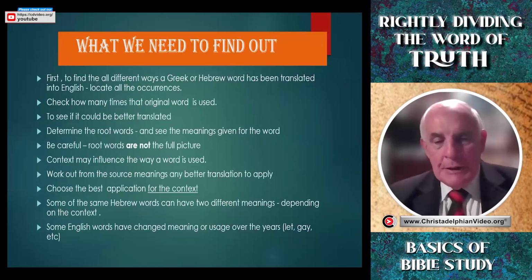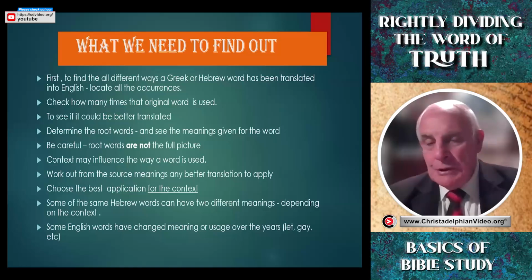Some Hebrew words can have two different meanings, depending on the context. And there are some amazing examples where words that are totally different in meaning in the Hebrew can be used in different contexts in completely different ways. So that's a little potential trap for the unwary.